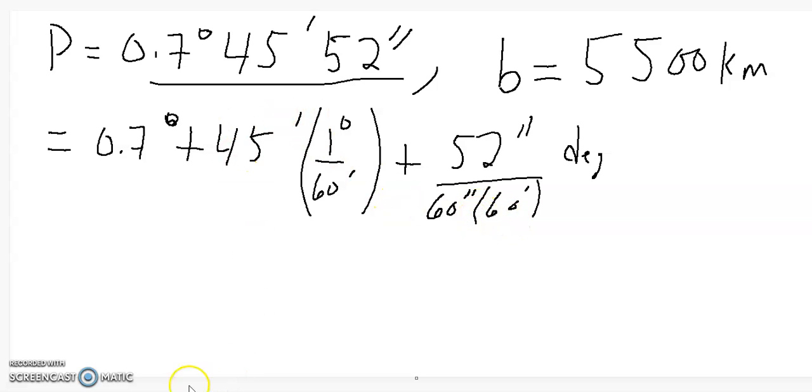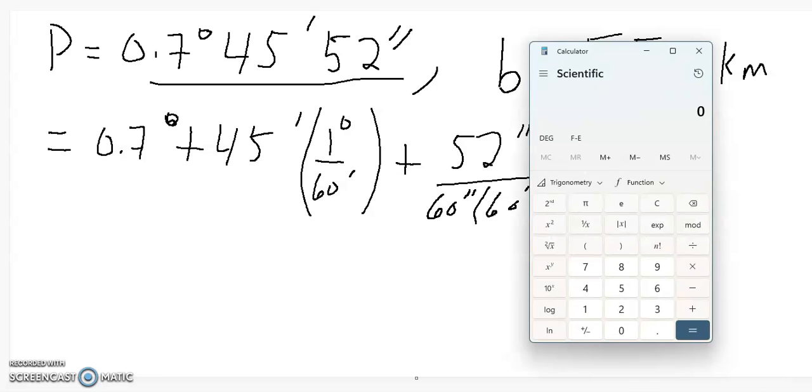All right, so let's do that problem real quick. Let's look at my calculator. So this is the angle, 0.7 plus 45 divided by 60.